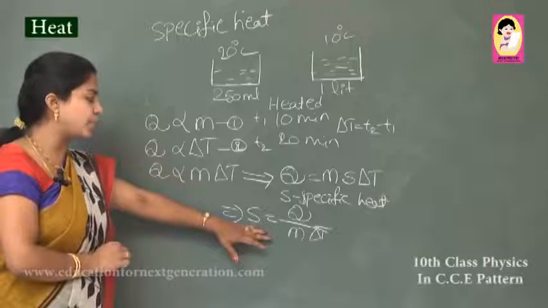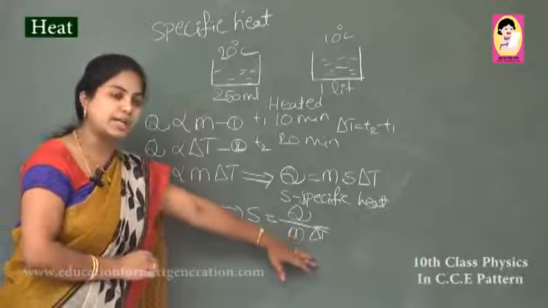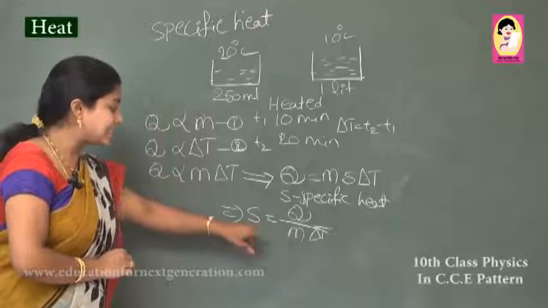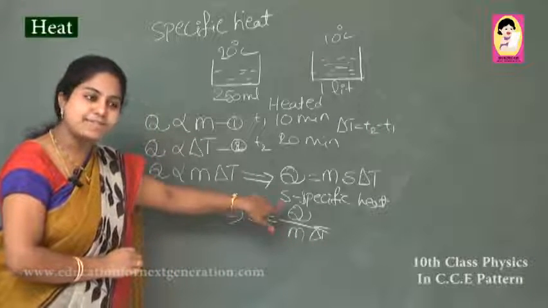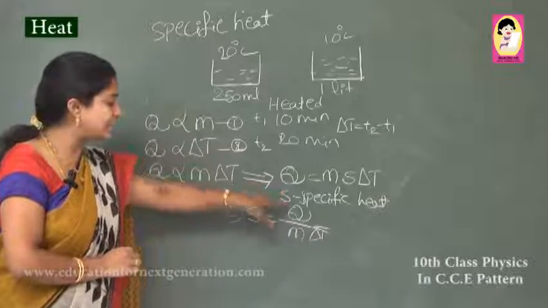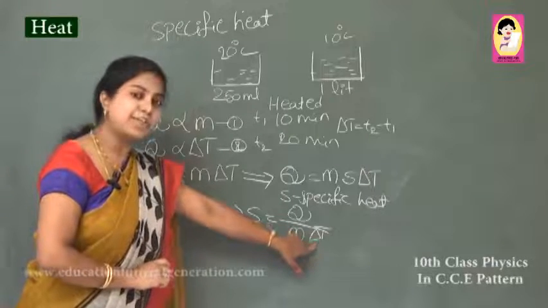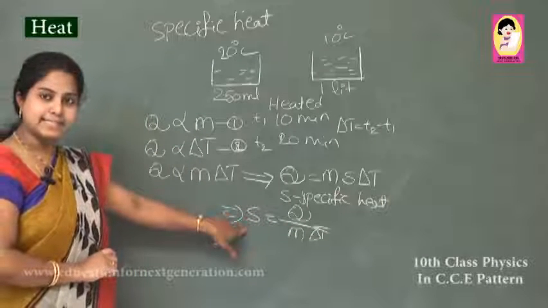If you observe the equation S is equal to Q by M into delta T, S is directly proportional to Q and to delta T. So if the heat absorbed increases, then the specific heat will also increase, and if the change in temperature increases, the specific heat will also increase.